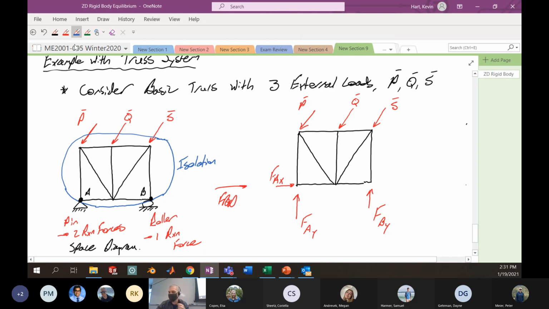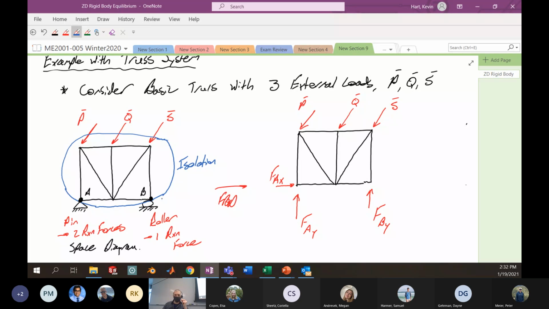That's different from this roller reaction, which you see over here, and named as such in an appropriate way. If you thought about the truss just resting on a cylindrical object or a set of bearings, for instance, you would stop that truss from moving down into the ground, but you would not be able to stop that truss from moving left and right at that location. So you wouldn't have any force resisting the motion of that truss left and right.